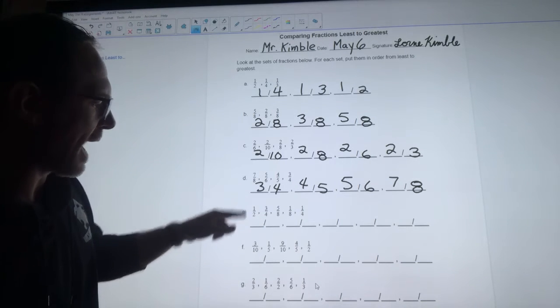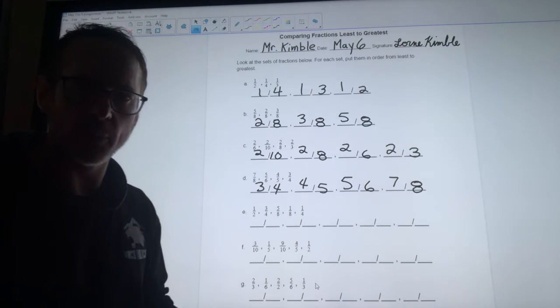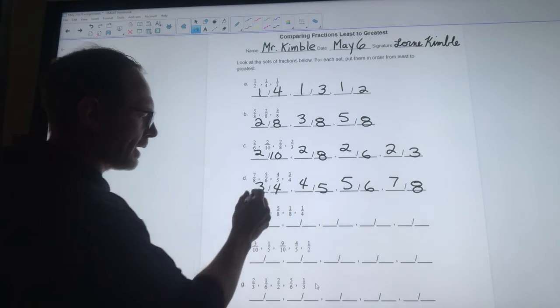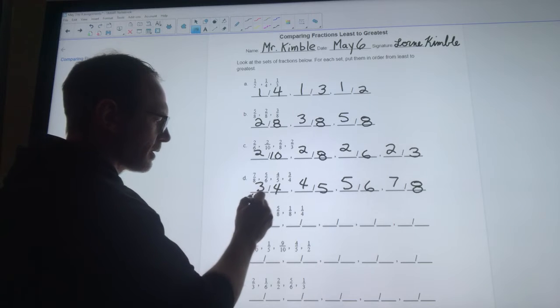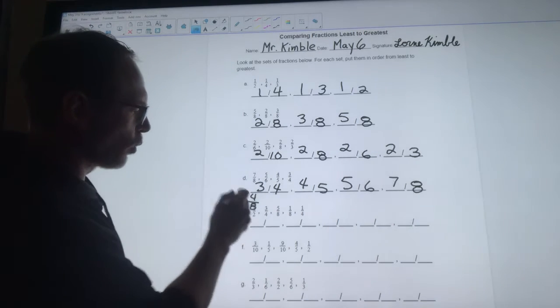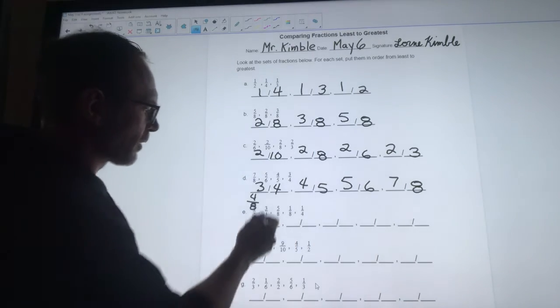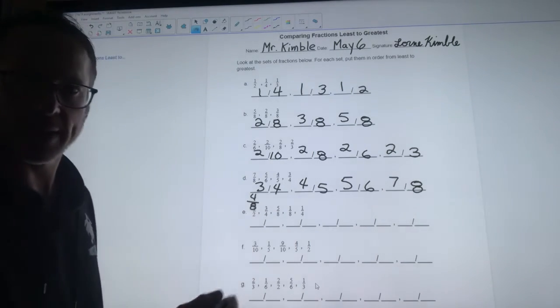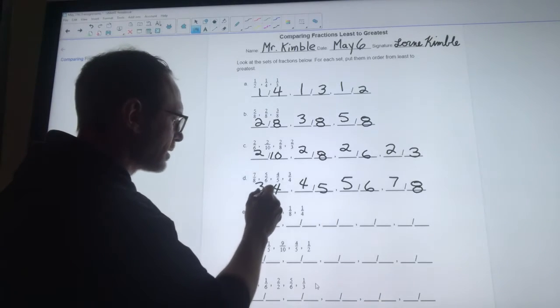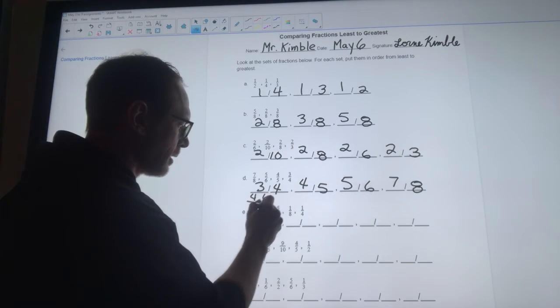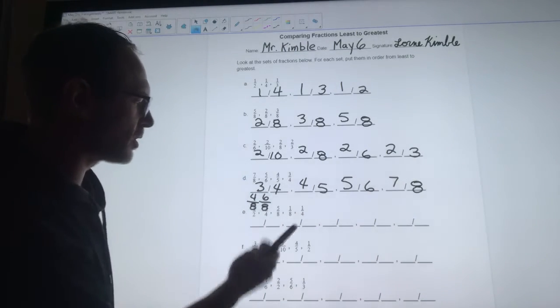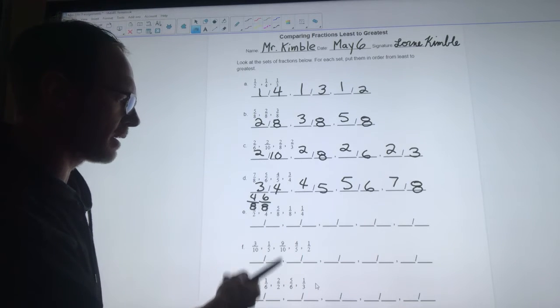For 1/2, the equivalent in 8s would be 4/8, right? Because 1 times 4 is 4, and 2 times 4 is 8. For 3/4, the equivalent in 8s would be 6/8, because 3 times 2 is 6, and 4 times 2 is 8.